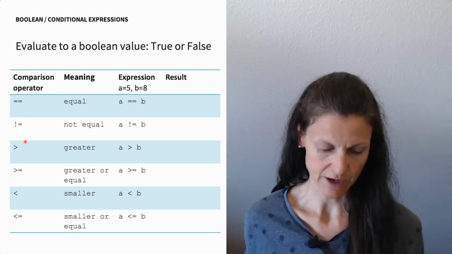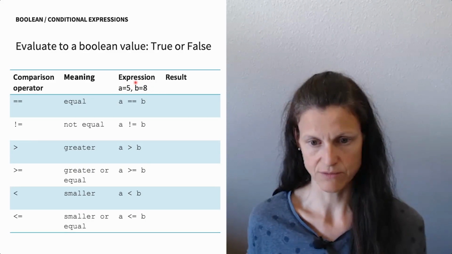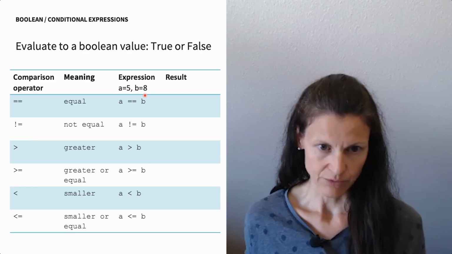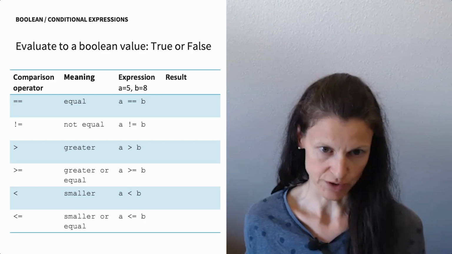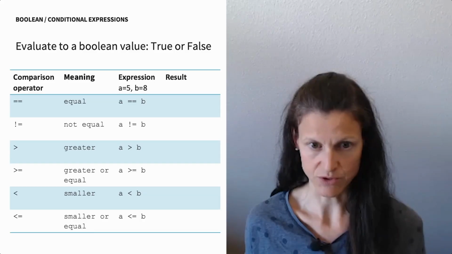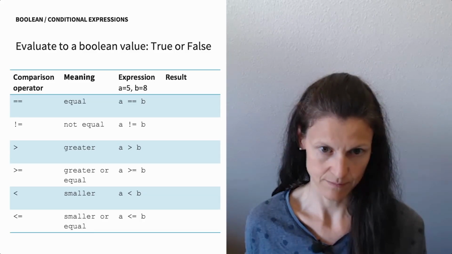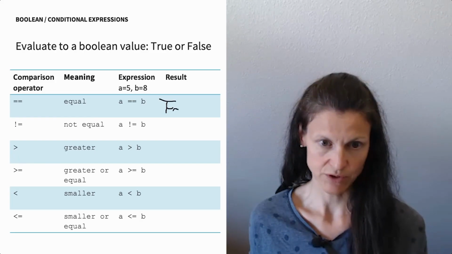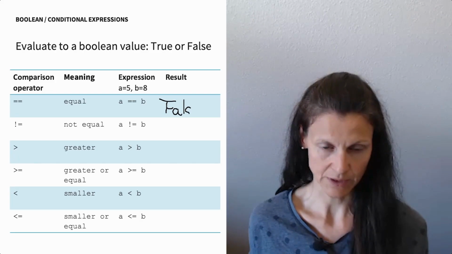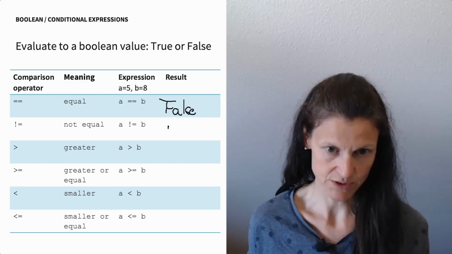So, assuming that we have a variable A that has the value 5 and a variable B that has the value 8. If we want to test A and B for equality, so evaluate this expression here, since 5 is not equal to 8, we would receive the result false. Then the opposite, if you want to evaluate for inequality, by definition, we would obtain the opposite of false, which is true.